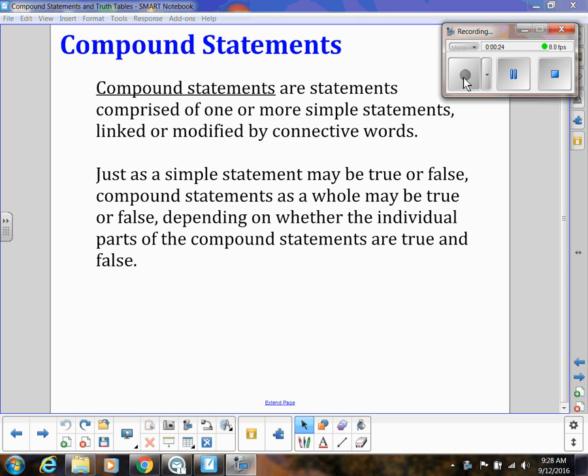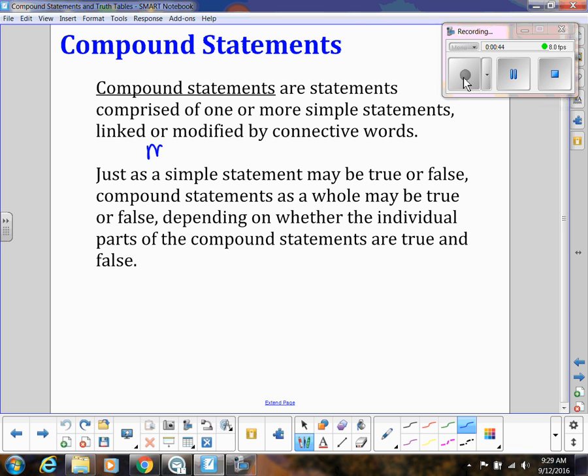So first, let's talk about compound statements. These are statements that are comprised of one or more simple statements that are linked or modified by connective words. Just for an example, our statement might have been, Miss McCahan is my teacher.